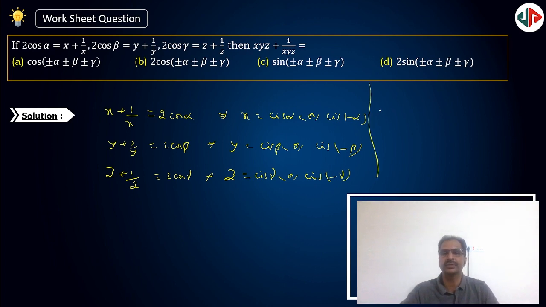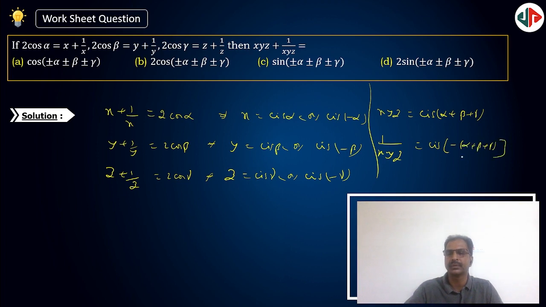Then what is x into y into z? X into y into z means cis alpha into cis beta into cis gamma, with plus or minus. Then what will be 1 by xyz? 1 by cis theta means cis of minus theta. Therefore, what is xyz plus 1 by xyz?